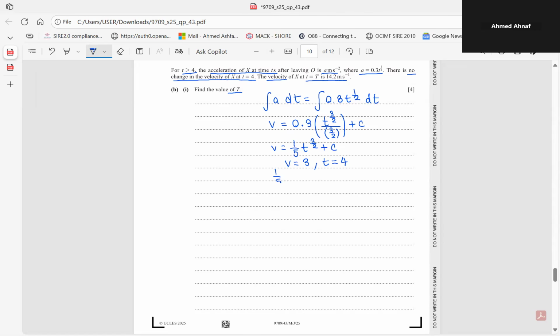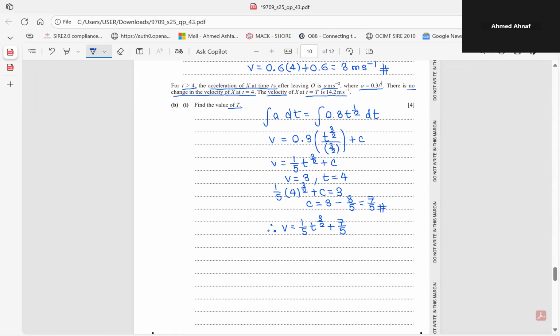So 1 over 5, 4 to the power of 3 over 2 plus c is equals to 3. Hence c is equals to 3 minus 1 over 5 times 4 to the power of 3 over 2. That's 3 minus 8 over 5, which is equals to 7 over 5. Yeah, so hence v equals to 1 over 5 t to the power of 3 over 2 plus 7 over 5.